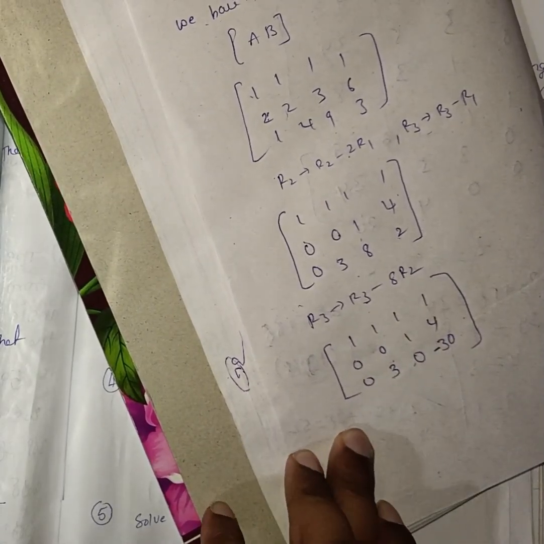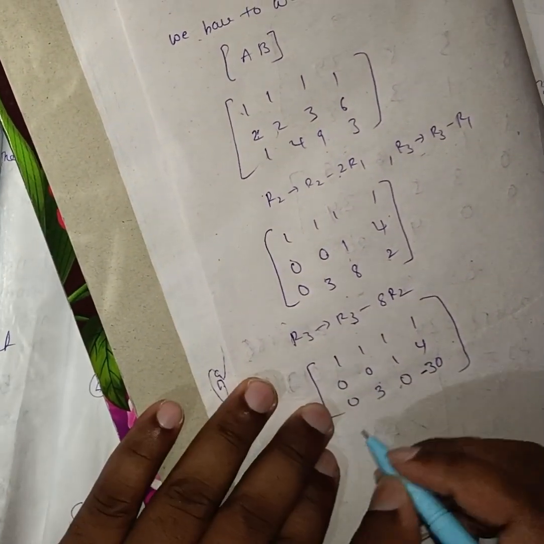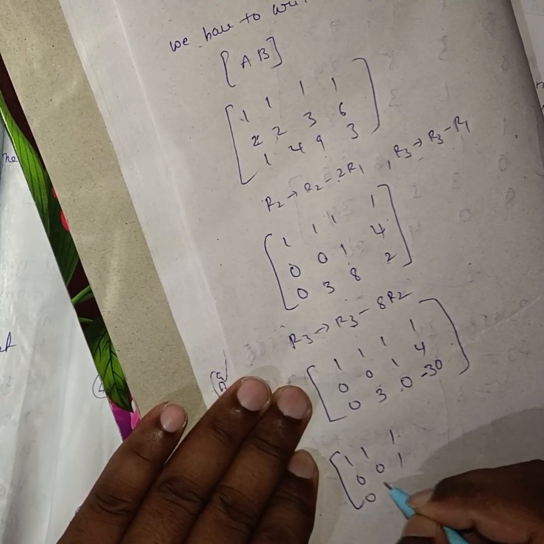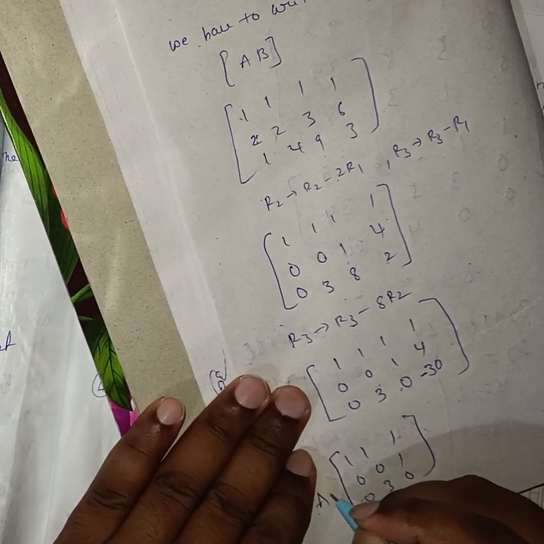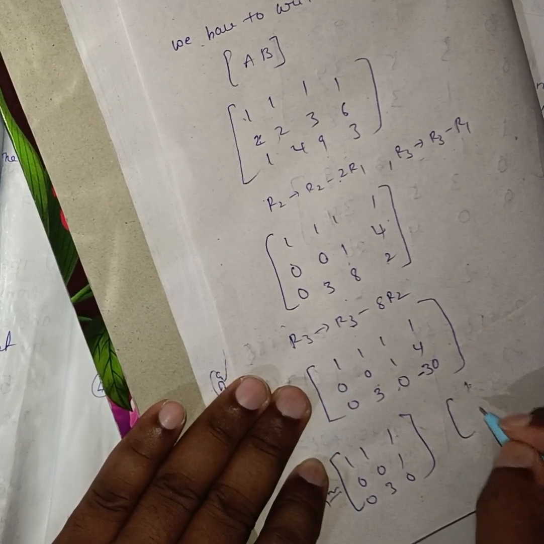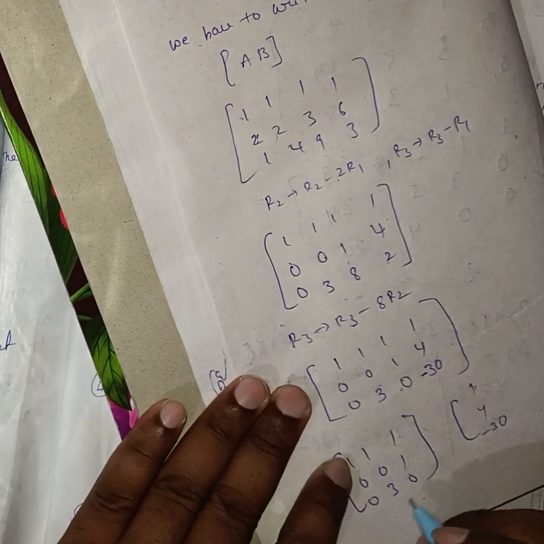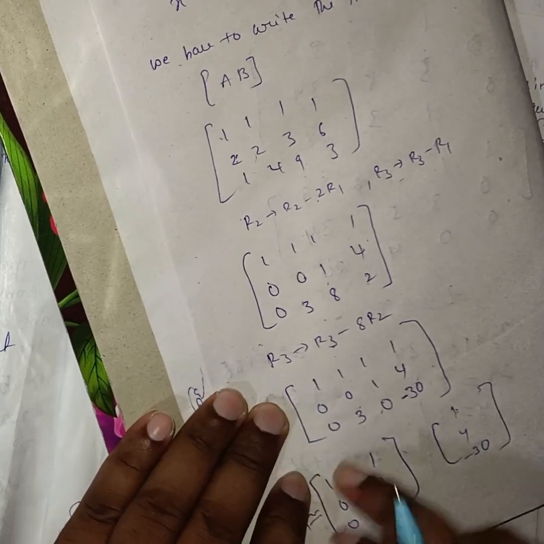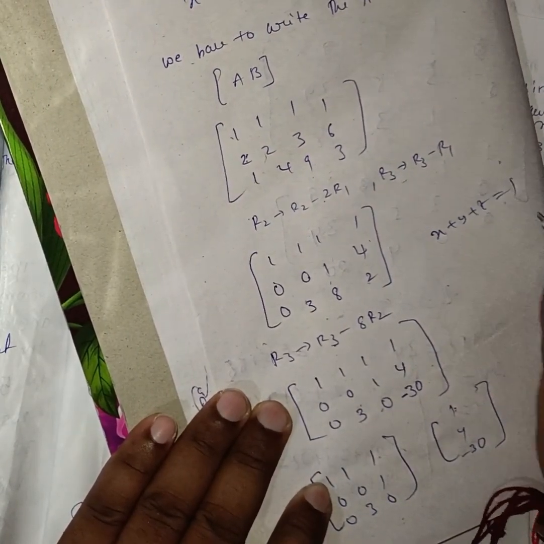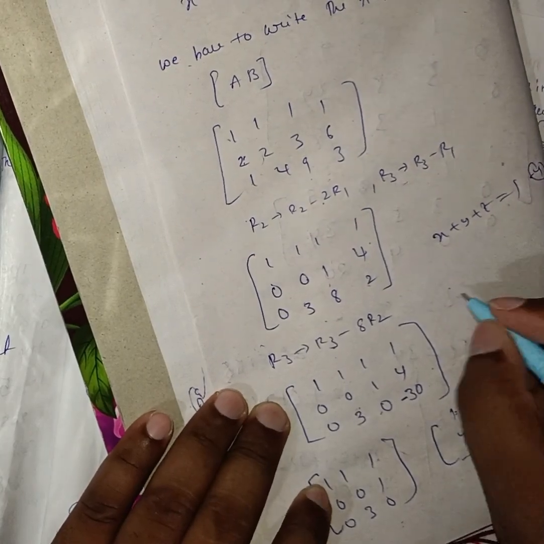Now this is our A matrix: 1 1 1, 0 0 1, 0 3 0. A is converted into this, and our B matrix is 1, 4, minus 30. So you can write the equations by using this. x plus y plus z is equal to 1, this is equation number 4.